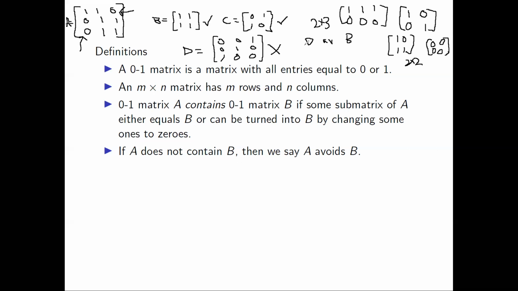That's because any 2x2 submatrix of D is going to have at least 2 zeros. It definitely can't have 4 ones, which B has.